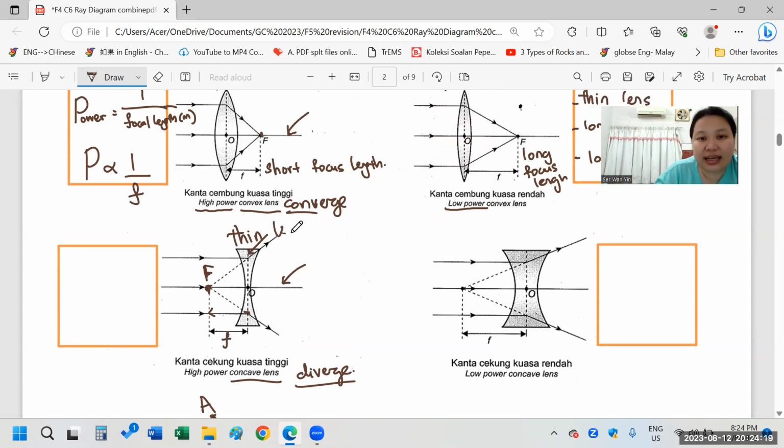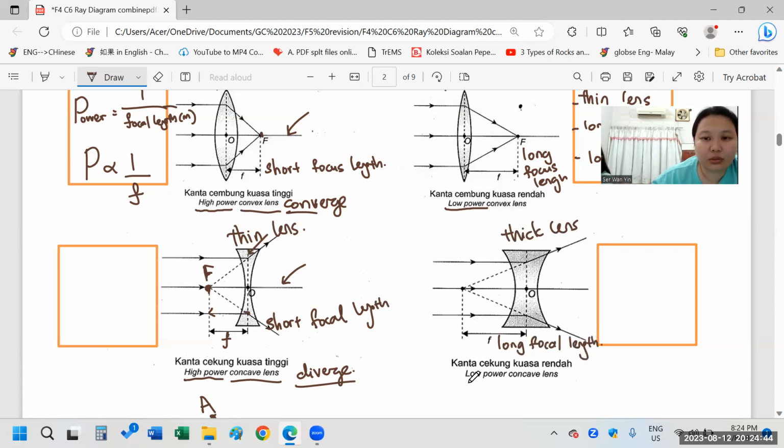For the convex lens, thin lens is high power, thin lens means short focal length. But for this one, thick lens is long focal length. So this is low power, the opposite. Okay, the opposite.